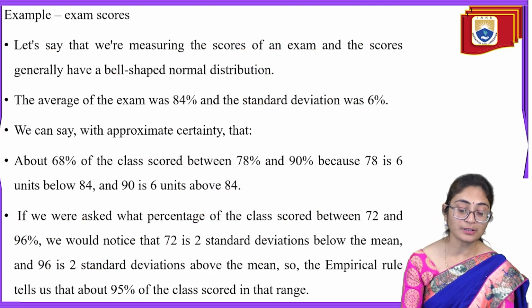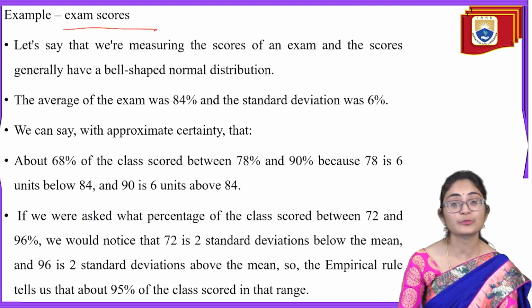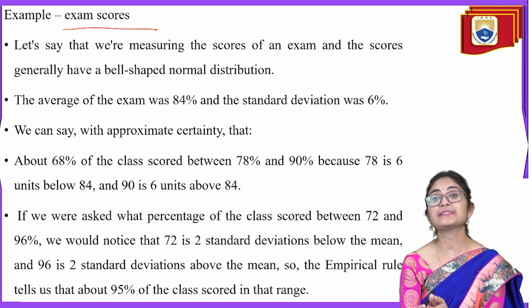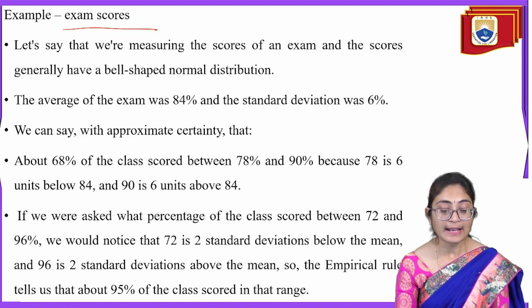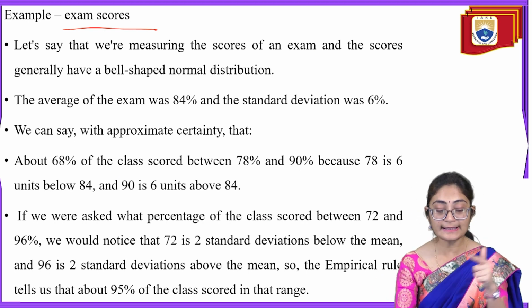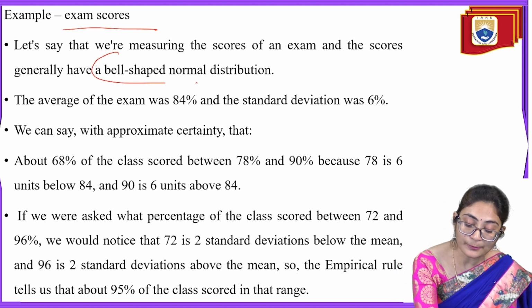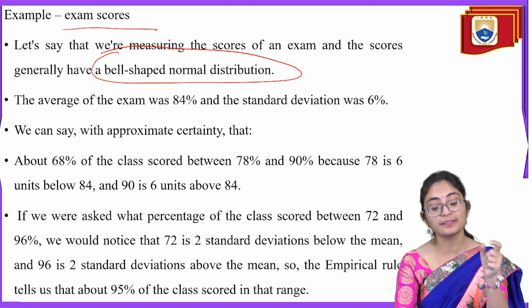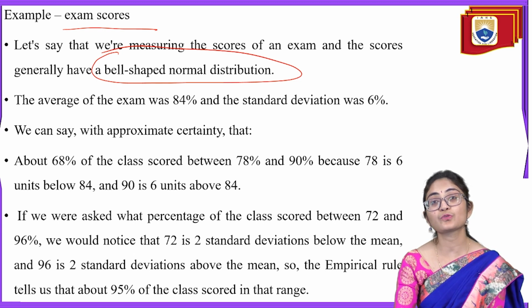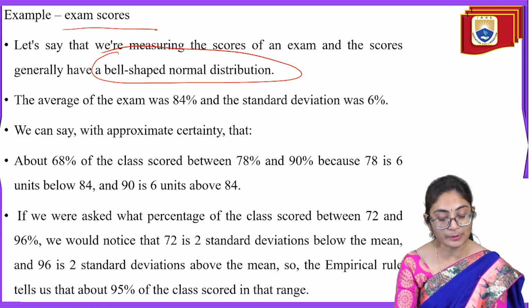For example, let's take the exam score. Let's say we are measuring the scores of an exam, and we draw these scores in the form of a bell shape, a normal distribution.